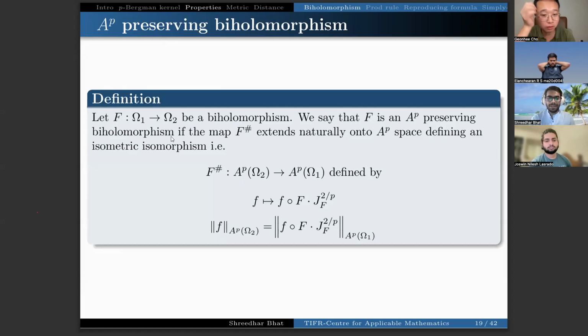So we call this an A^p preserving biholomorphism if you start with a biholomorphism from omega 1 to omega 2, then it should have a natural extension in this manner. That is just saying that this J_f to the power 2 over p should be a well-defined holomorphic function.